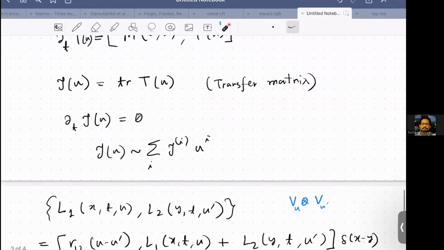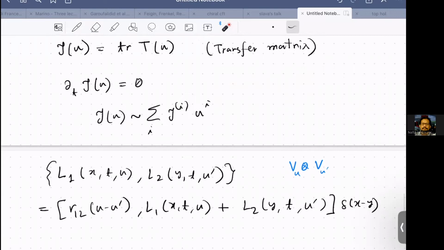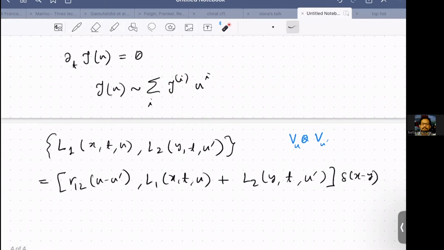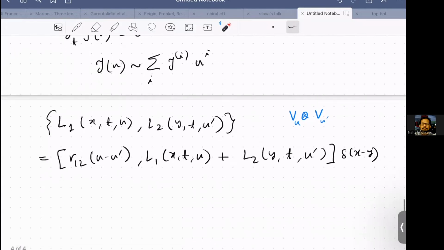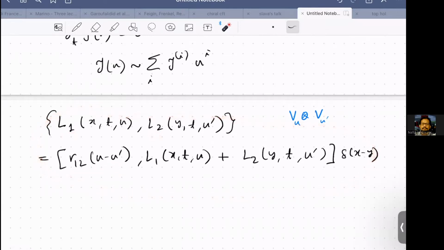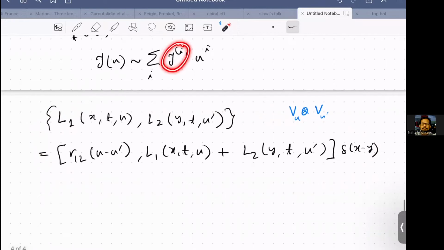For completion, I'm writing down what the necessary conditions are for these conserved charges to be in involution. And the necessary condition is that, well, actually it's not clear if this is necessary, but it is sufficient. The sufficient condition is that if you can find such an R matrix that satisfies these equations with your Lax operator, then all these conserved charges are in involution, as it was in the 0+1 dimensional case.